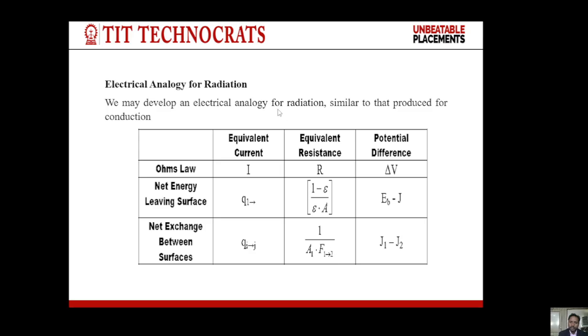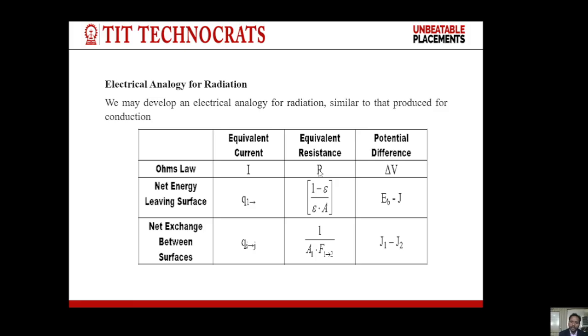So the next term is the electrical analogy for radiation. We know that in radiation heat transfer, we have a temperature difference similar to a potential difference in an electrical circuit. So here we have equivalent current, here resistance R, here potential difference delta V. By using Ohm's law, we know that if a voltage difference is between two terminals, current flow will take place.